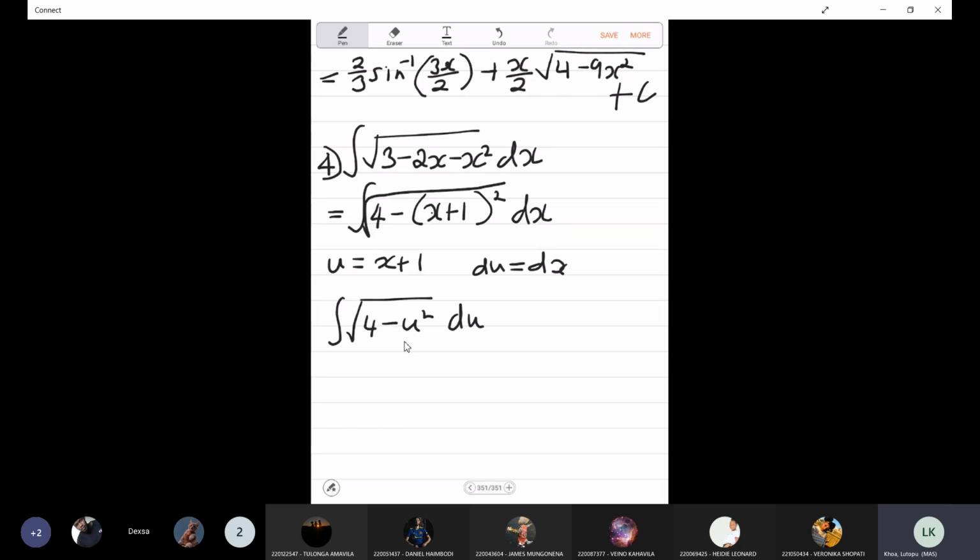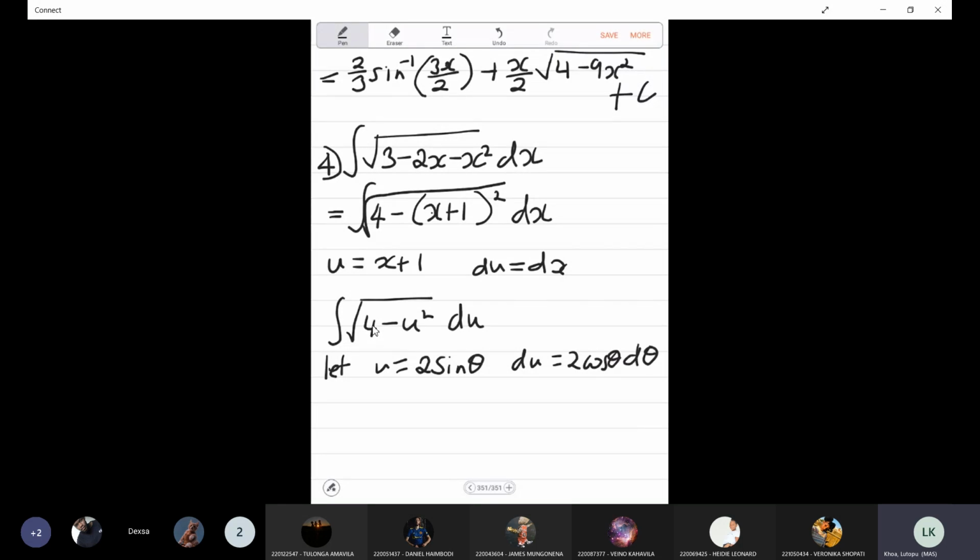The way we do it, make our substitution. So we let, not x this time, but we let u equal to a. Our a here is the square root of 4, which is 2. So this is 2 sine theta. And then this means that du is 2 cos theta d theta.